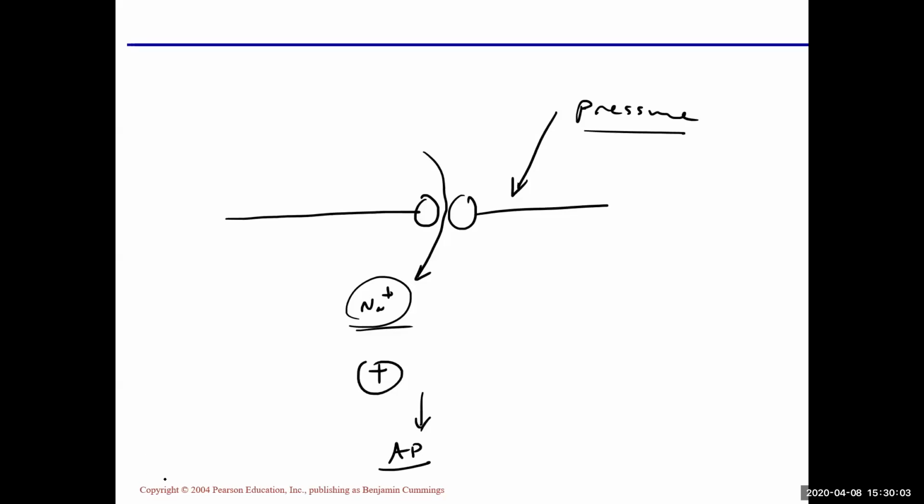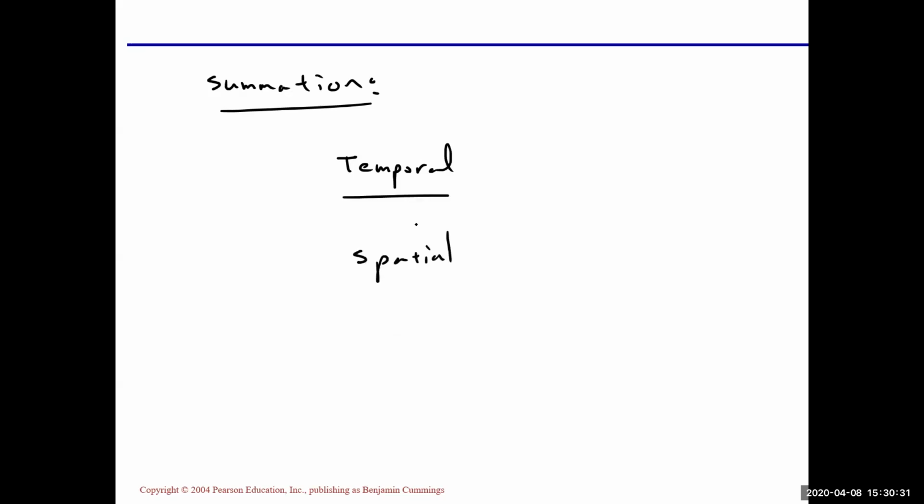Let's go to the summation. Remember, the process of summation is when things are adding up. There are two kinds of summation. You have a temporal summation, and you have a spatial summation. It is important to know the difference between the two. So let me define the temporal summation.